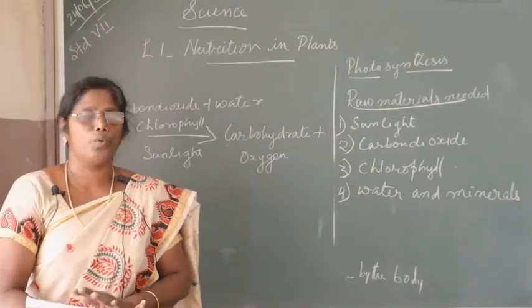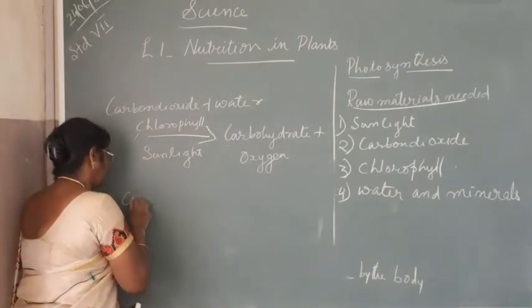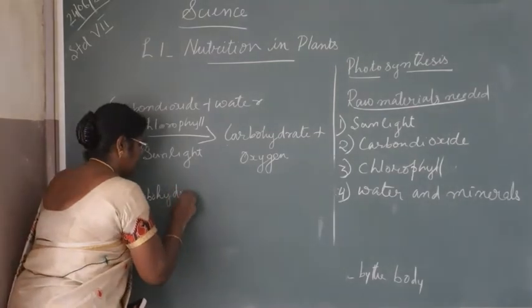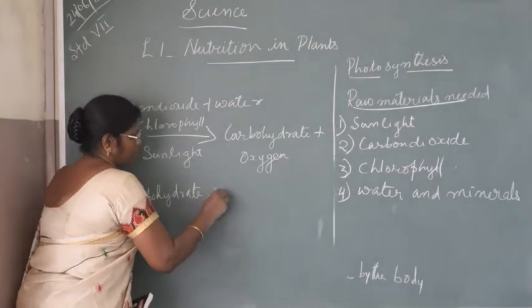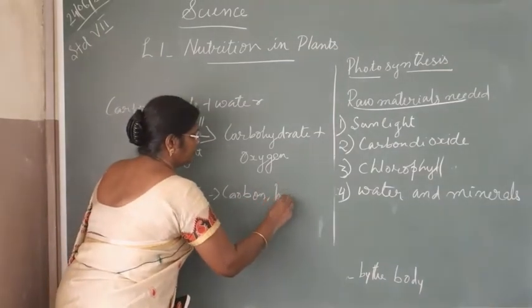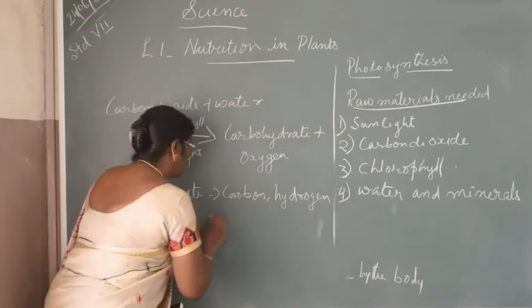During photosynthesis, plants prepare carbohydrate. Carbohydrate is made up of carbon, hydrogen, and oxygen.